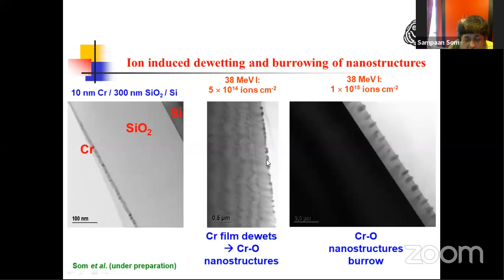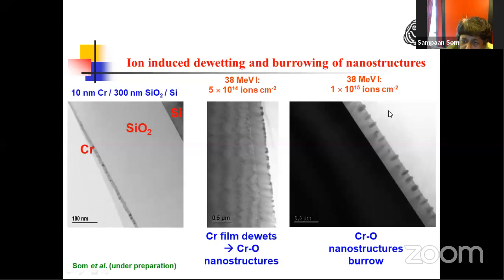However, chromium, when it gets dewetted and forms small metallic islands, immediately catches oxygen atoms from the ambience. And so it becomes oxidized. And at the same time, it becomes amorphous. This chromium oxide is amorphous, unlike this chromium continuous thin film. Okay.